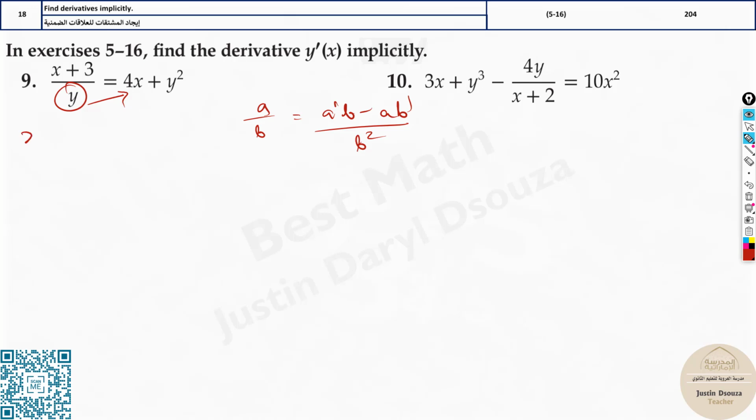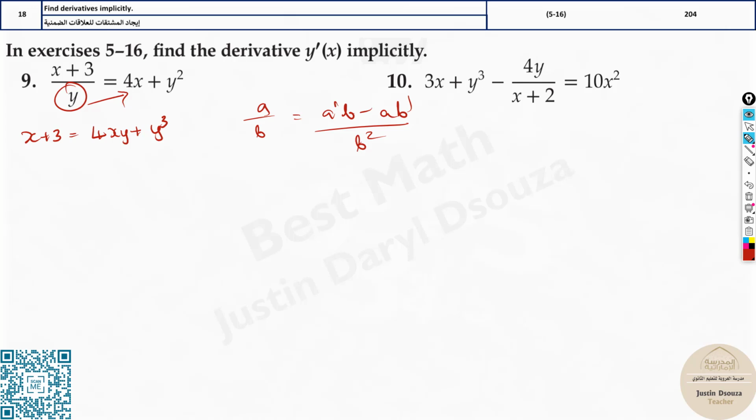What happens is the question becomes x plus 3 equals 4x plus y squared y, and over here it will be y as well, because you're multiplying both terms by y. It will be xy, and over here y squared y will become y to the power 3, isn't it? Y cubed.